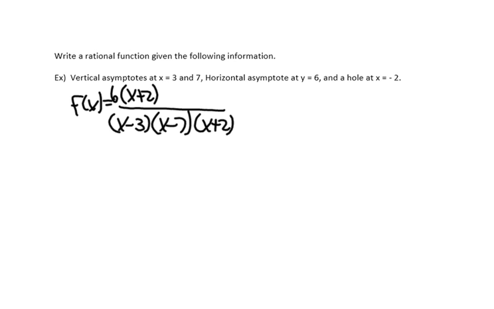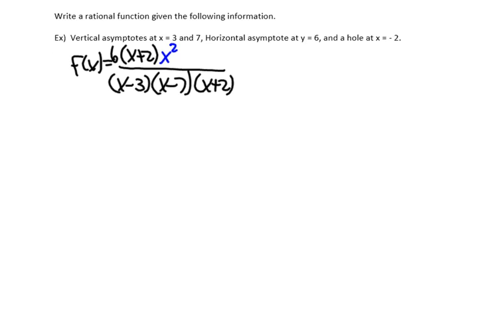So notice the degree of the denominator is 3, the degree of the numerator is 1. So if I multiply the top by x squared times x is x cubed. Now the degree of the numerator and the degree of the denominator is exactly the same. Now I can have a horizontal asymptote at y equal to 6.